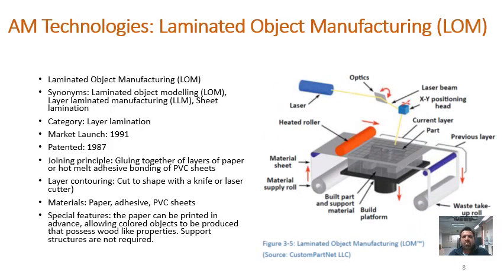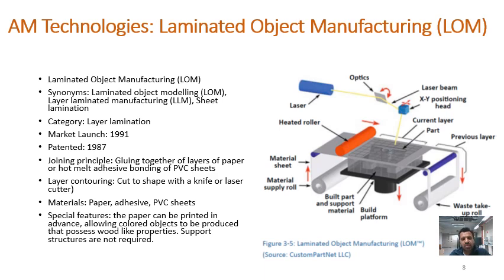Laminated object manufacturing is another technology which we are going to discuss now. This technology is also known as laminated object modeling or layer laminated manufacturing or sheet lamination. This technology comes under the category of layer lamination. It was launched in 1991, patented in 1987.